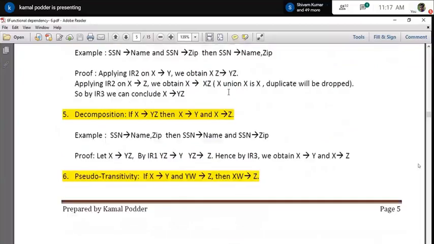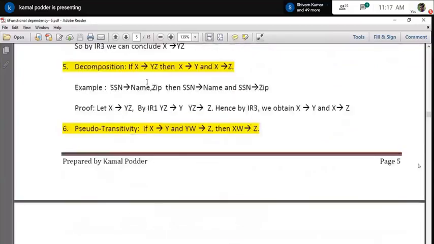Decomposition is another rule which we may need to use. Say Y, Z are two attributes, or maybe two sets of attributes, which depend on X. Then I can say Y depends on X and Z depends on X separately. That means I'm decomposing that particular set into two sets and writing these two different FDs like this.